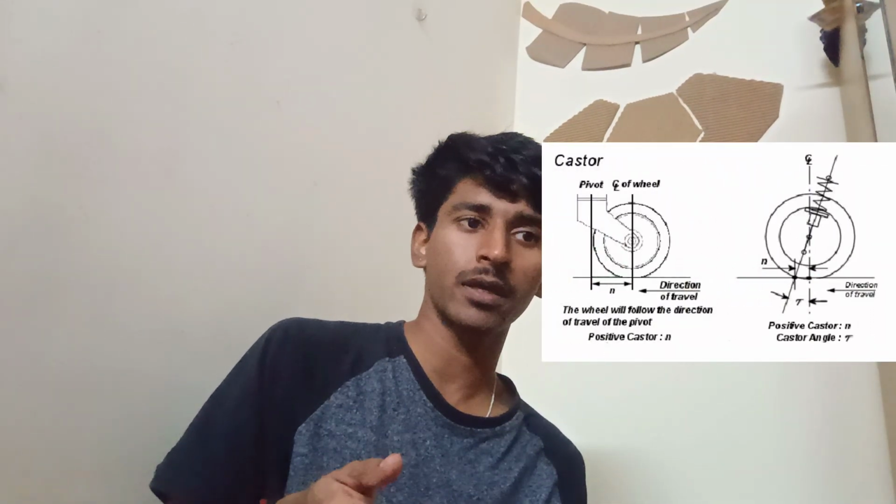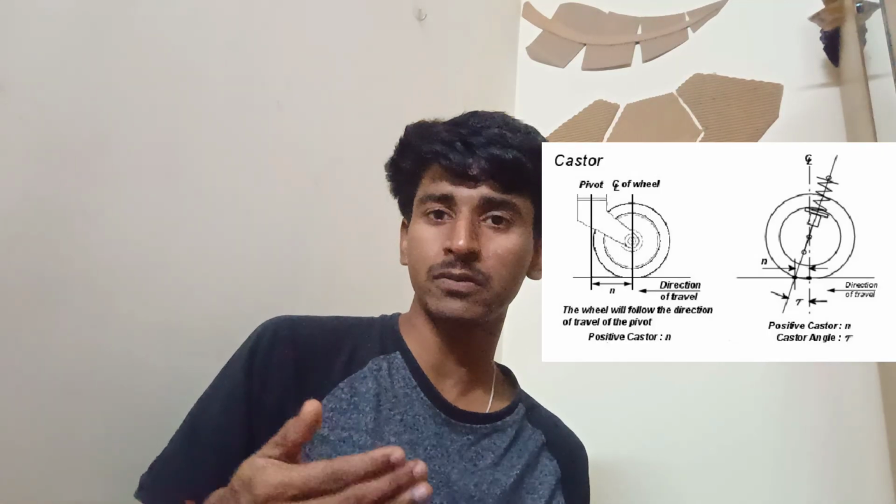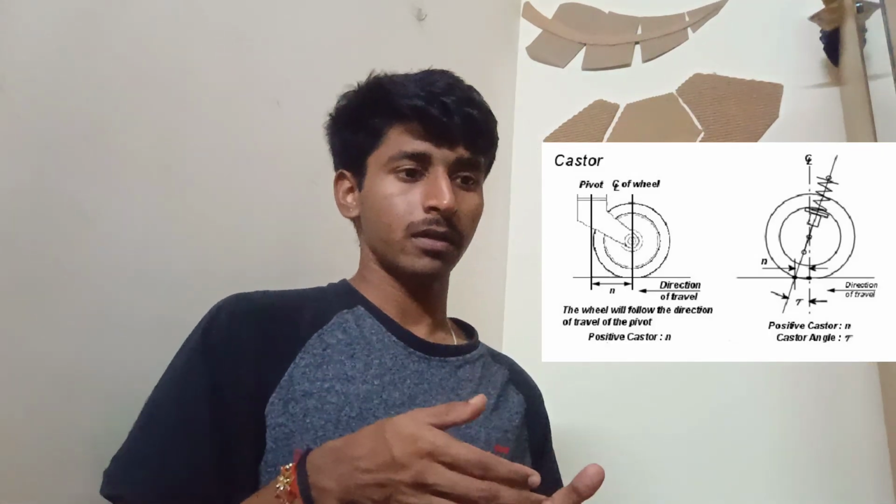So when you apply a positive caster angle for the vehicle's wheels, the steering axis's intersection with the ground will always lie in front of the tire's contact patch, and because of this, the tire is entering a state of stable equilibrium.